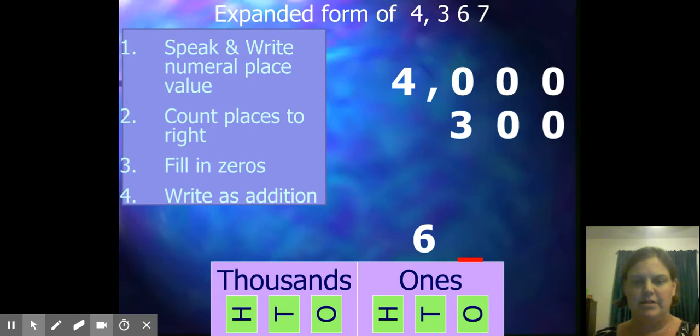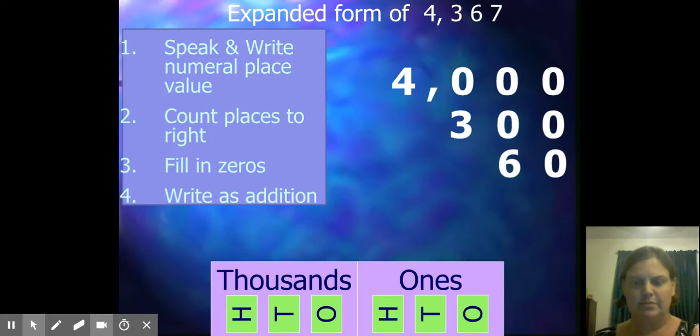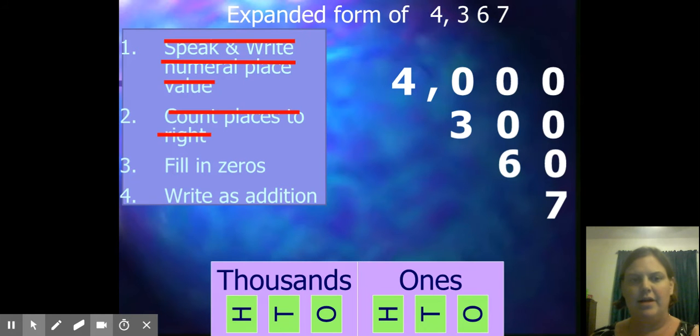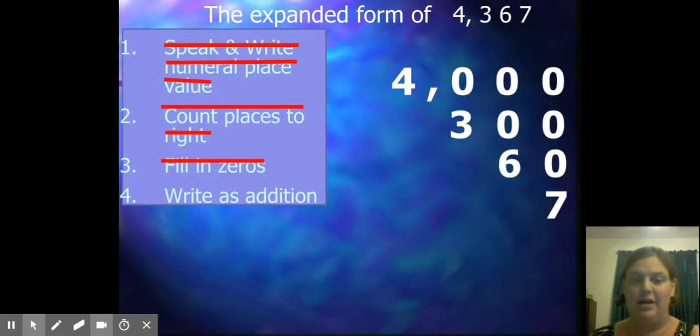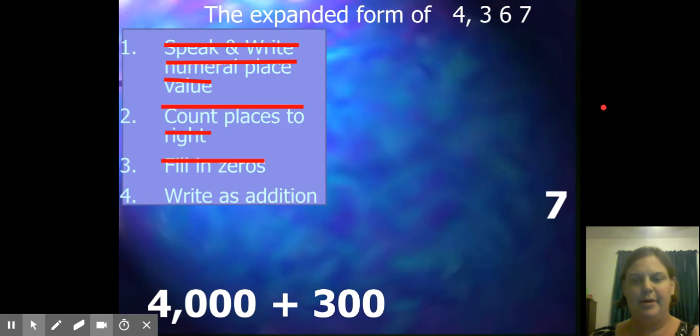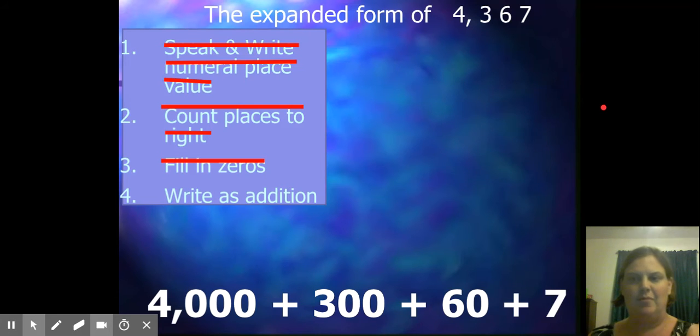I'm going to count those places and fill it in with zeros. And then my 7, nothing to the right, so he's quick and easy. So I've done my first 3 steps. Now I'm going to write it as an addition problem. 4,000 plus 300 plus 60 plus 7.